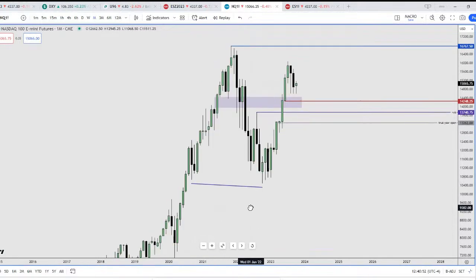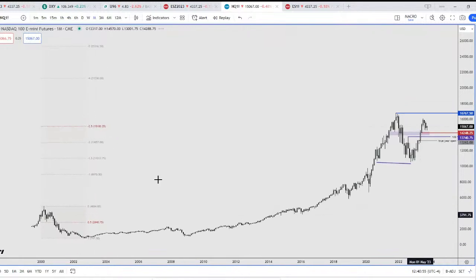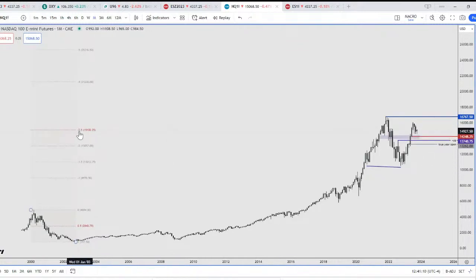If you use the Fibs, this decline during 2022 was declining into the 1 to 1.5 standard deviation range, and then you see this rally. Price has closed above negative 2.5, and if theory stands true, we are going to reach for negative 4.